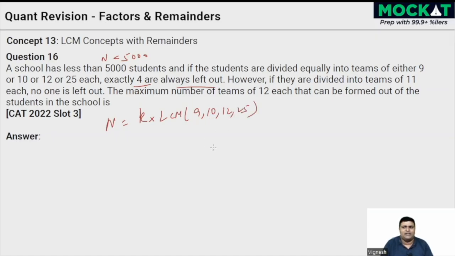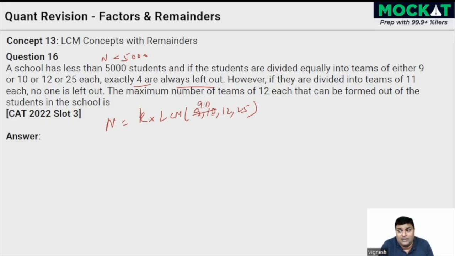Now, how do I find the LCM of this pretty quickly? I would prefer doing this. 9 and 10, what is common between them? Nothing. HCF is 1, so the product 90 is the LCM. You can do 2 at a time, that is perfectly fine.